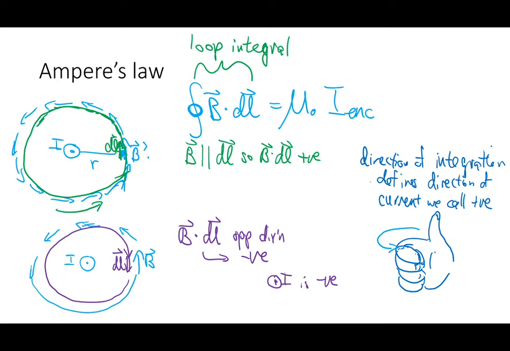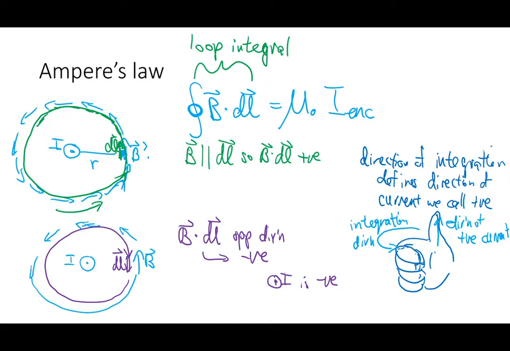In this case, if your fingers curl along your integration direction, then your thumb points to the direction of positive current.